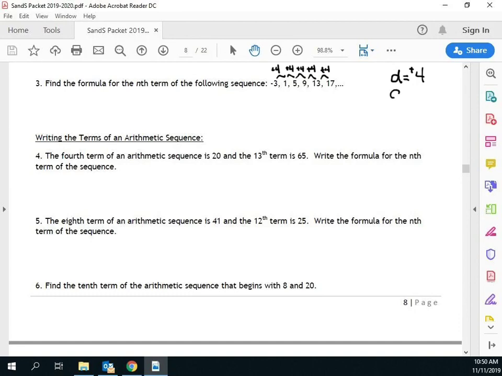And then what is our first term in the sequence? Negative 3. So go ahead and use the formula again. It's exactly what we've done before. Plugging everything we found out and simplifying.